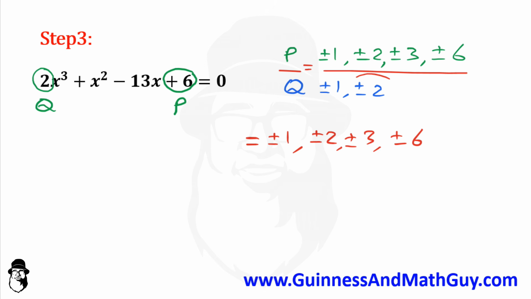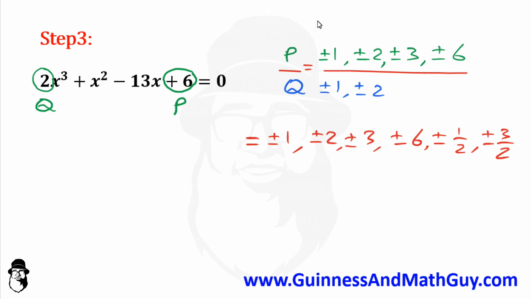Let's divide all of the above by plus minus 2. So 1 over 2 is plus minus 1 by 2. Then 2 over 2 is 1, that we have already done. Then we have 3 over 2, so it is plus minus 3 over 2. And then we have 6 over 2, which is plus minus 3, that we already have. So these are all the possible values of x.